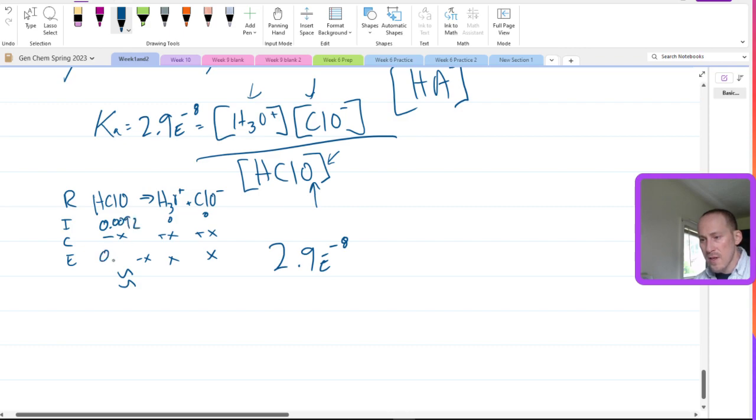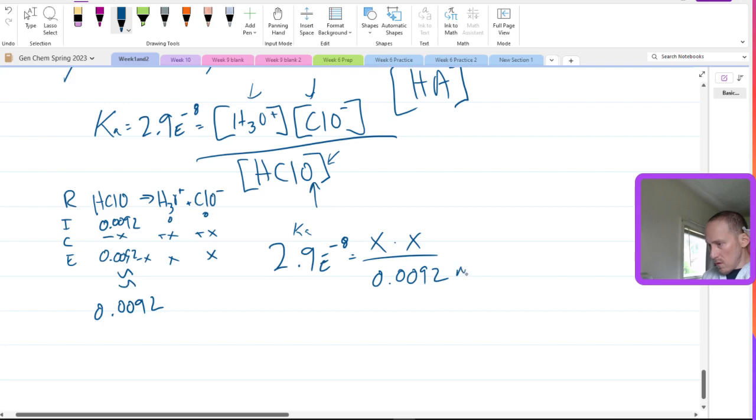So 0.0092 minus x is basically the same thing as 0.0092. So our Ka now equals x times x over 0.0092 molar, whatever it's worth. The units kind of end up going away when we do this.